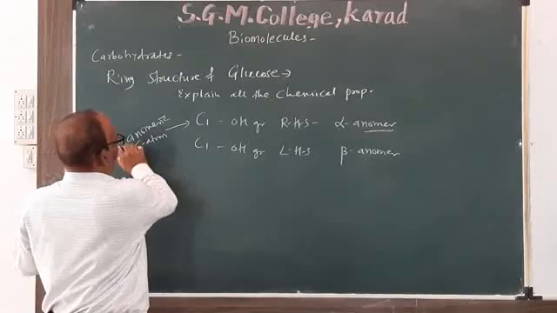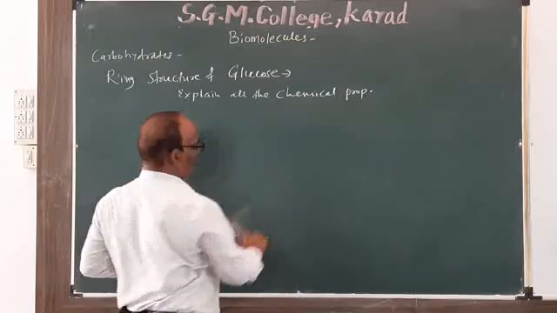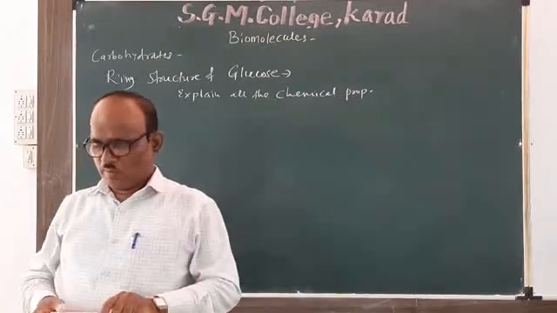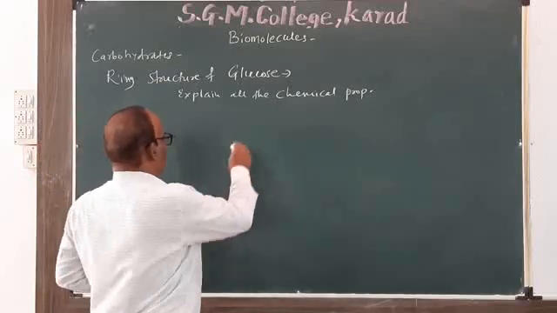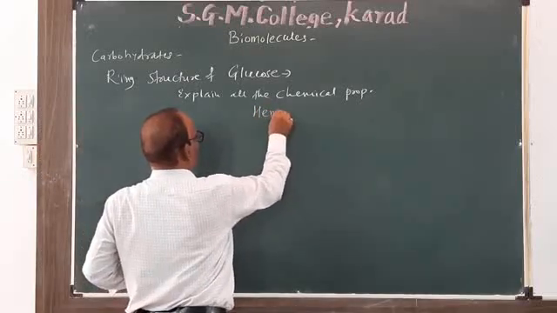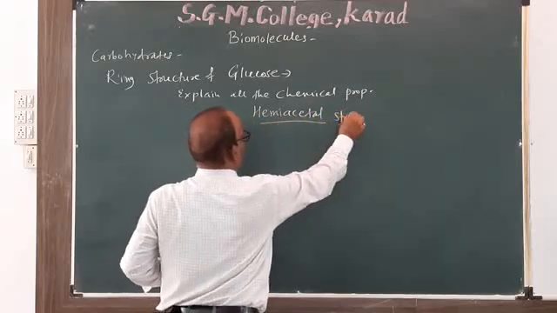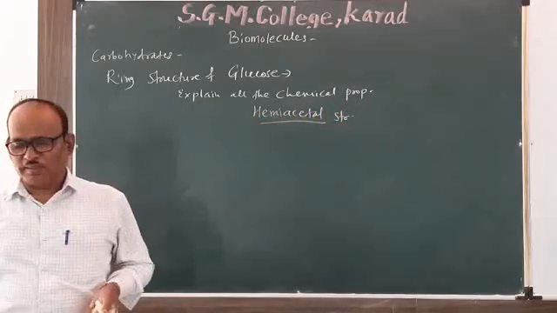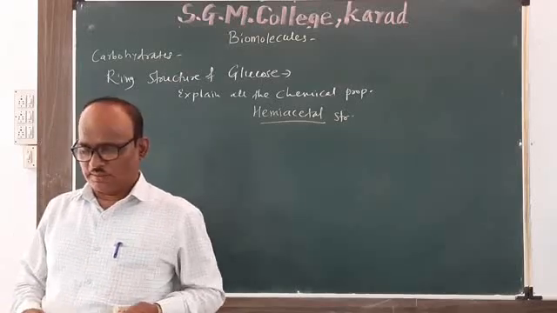We can draw these two structures. These two structures, alpha and beta anomer, are also called hemiacetal structures.